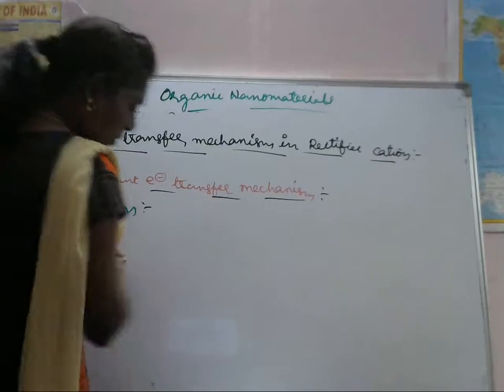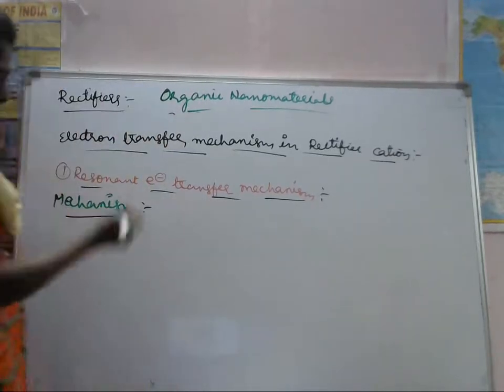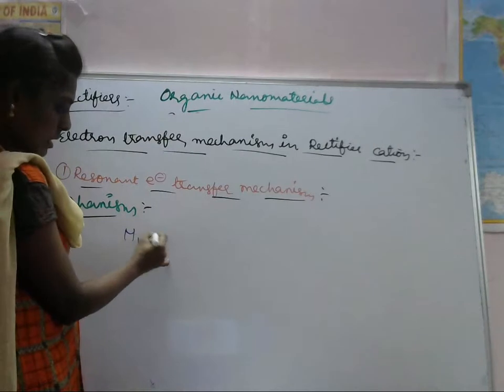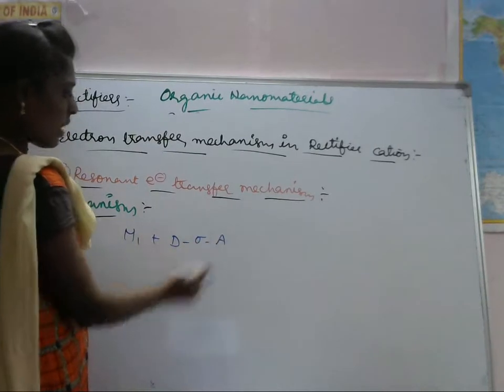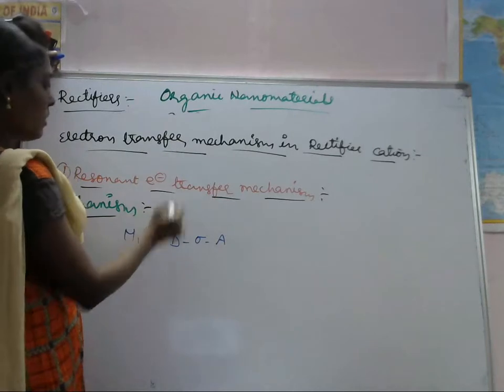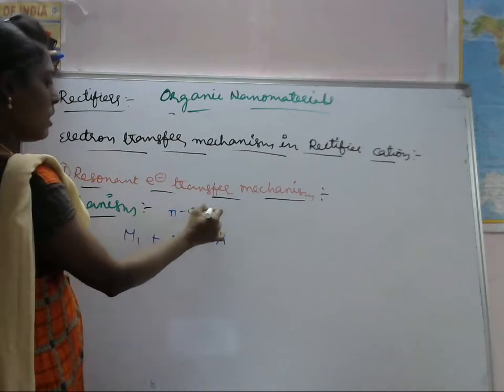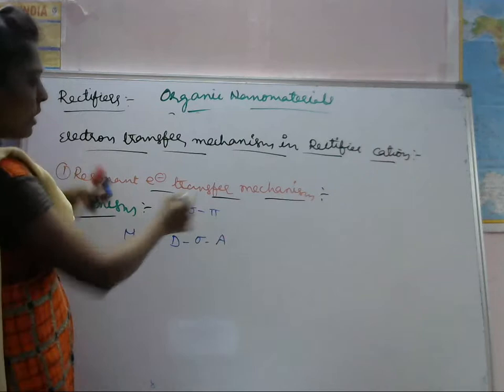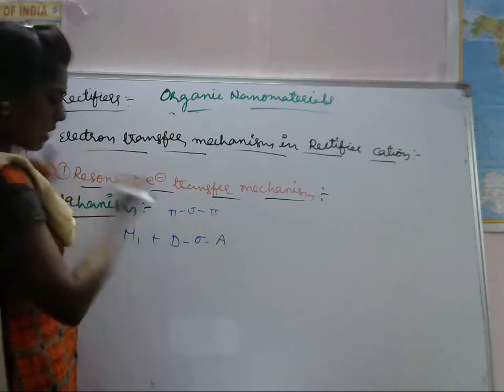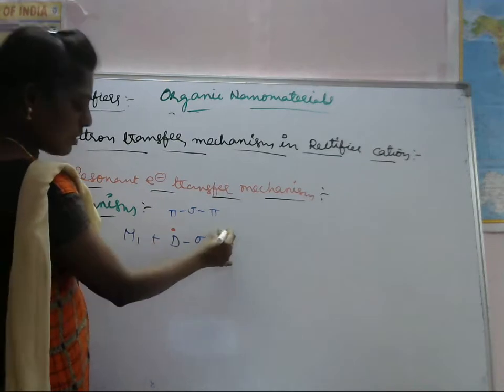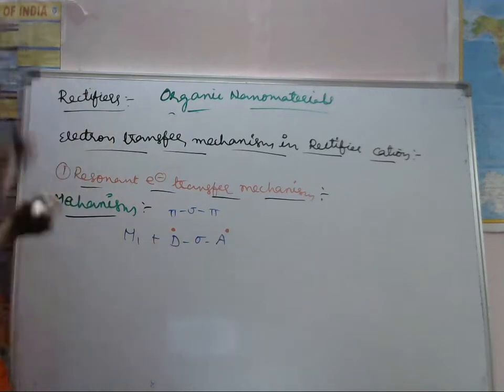So first we have M1 plus, here donor, here sigma, here acceptor, this one is pi sigma pi. One of the pi electrons acts as a donor, which has the electrons here.